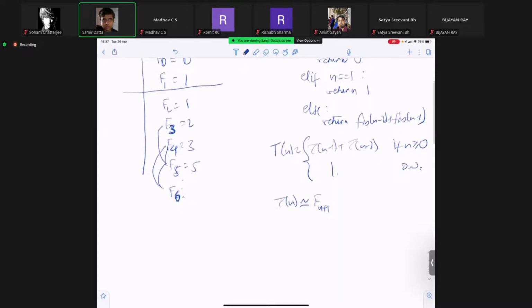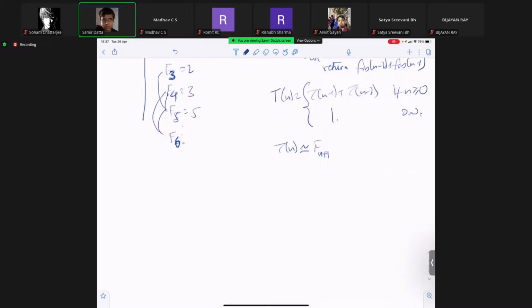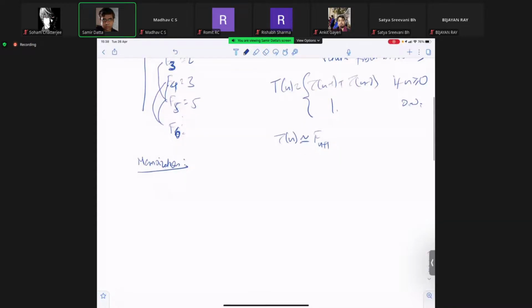So how would we do this in practice? We use a technique called memoization. That is, any intermediate results that we compute, we store, correct? So how do we do this? def fib memo n.